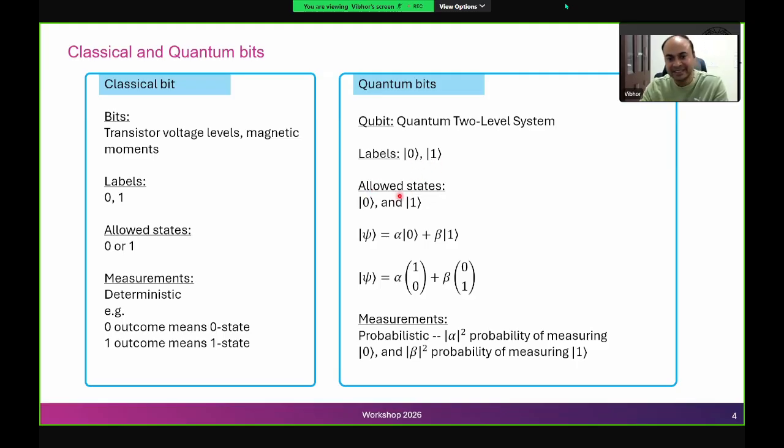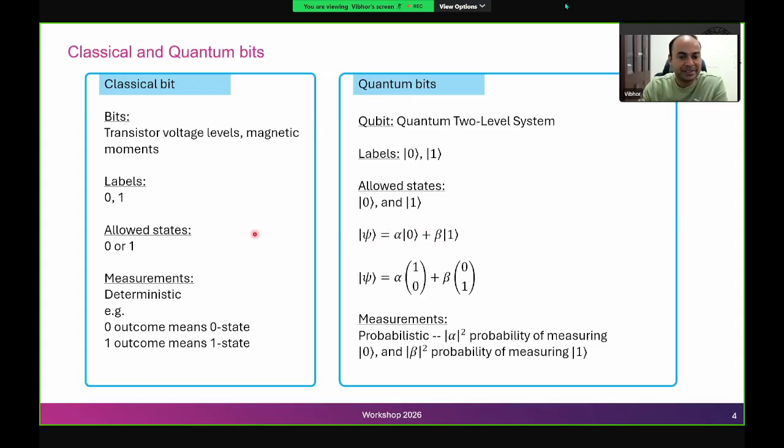And the allowed states here are much larger compared to the classical bits. You can have 0 and 1, these two eigenstates, but also any linear combination of these two states is also a valid state. So that is also an allowed state. Here the two numbers alpha and beta could be complex numbers, and with some normalization constraint, we can form a linear superposition of 0 and 1, and that's an allowed state.